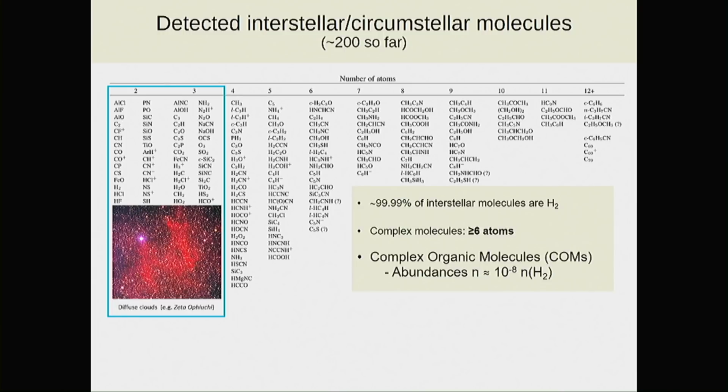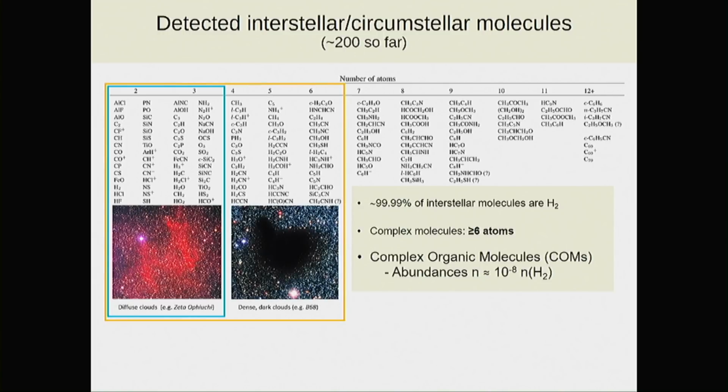When you want to go to somewhat more complex species, though, you have to typically look toward these dark, dense regions. This is Barnard 68 as an example. They're well protected from external UV by the dust that permeates these clouds, and that protects these molecules from dissociation by UV visible light.